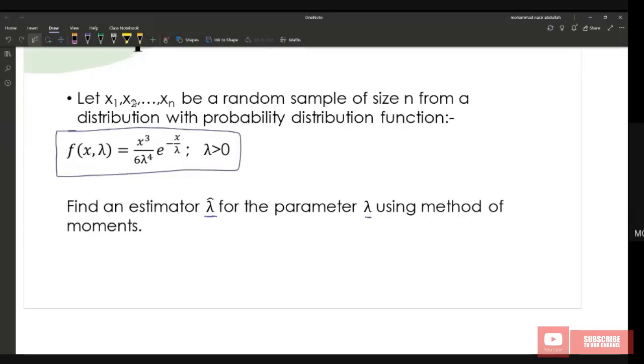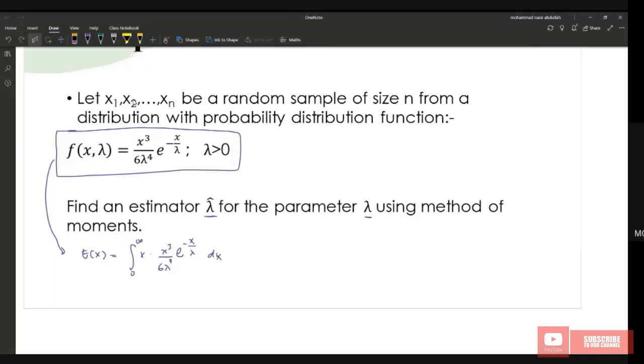If you cannot recognize this distribution, you need to find the expected value of x. You need to integrate x multiplied with x to the power of 3 divided by 6 lambda to the power of 4 times exponential of negative x over lambda, with respect to x from 0 to infinity.